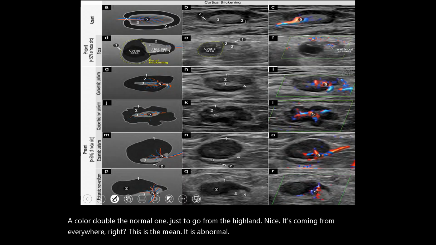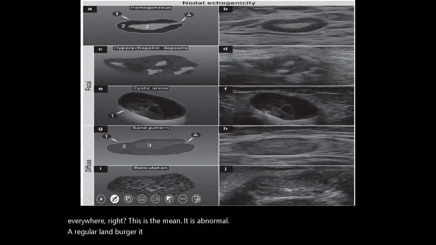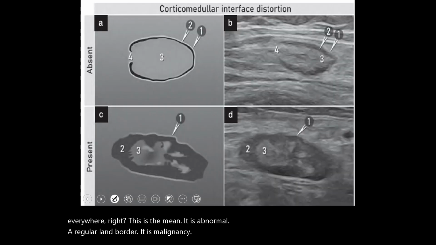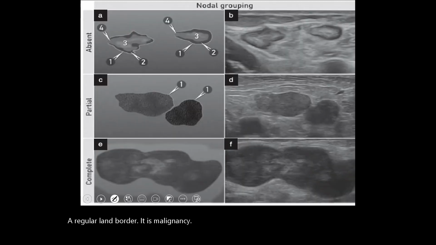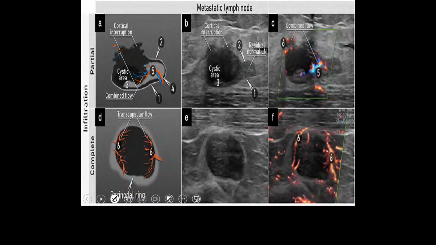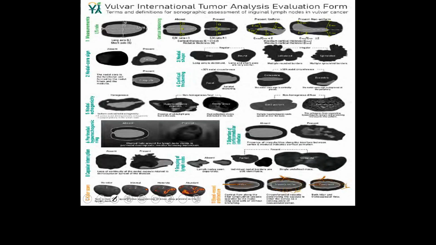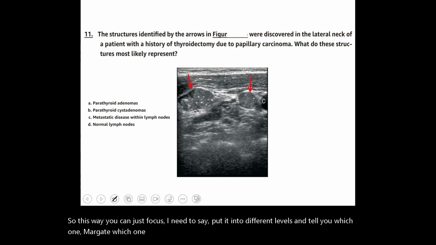An irregular border means malignancy. So you can focus on this and put it into different levels, and tell which one is malignant and which one is benign.